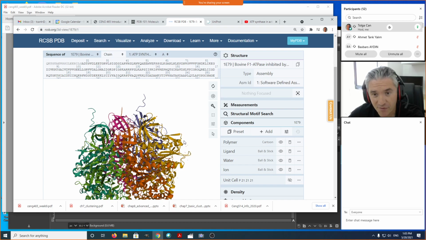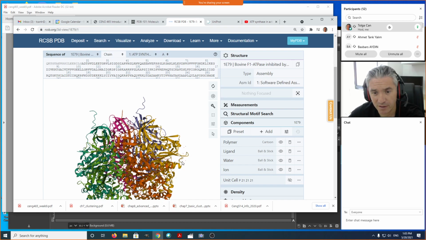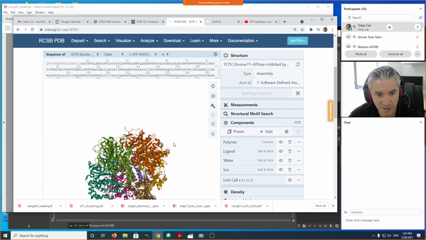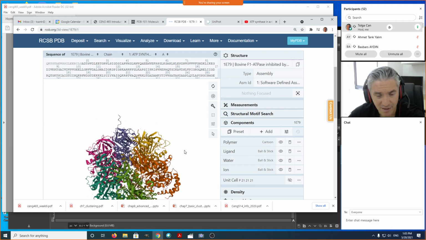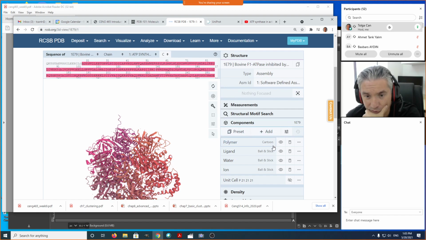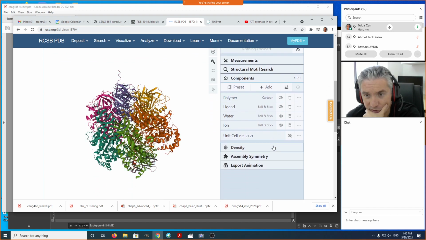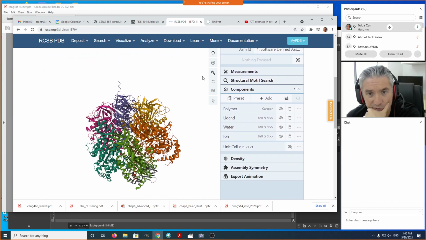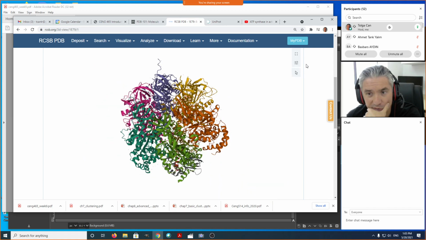We can also zoom in, zoom out, and rotate this, and there are multiple chains. This is the C chain, A, B, C, different chains. We can visualize their sequences, components, and ion density.